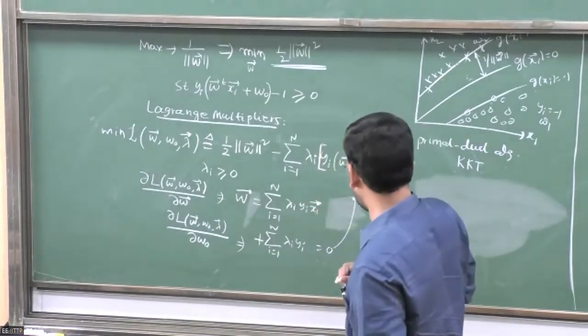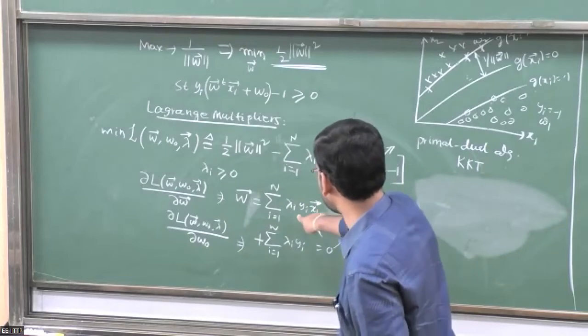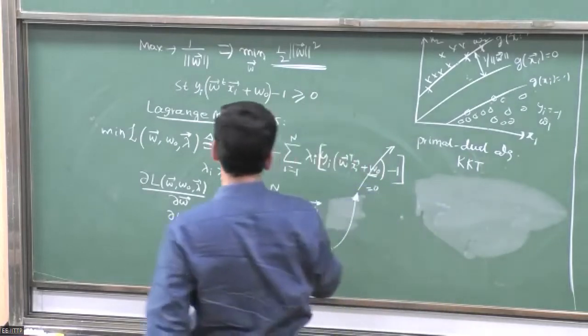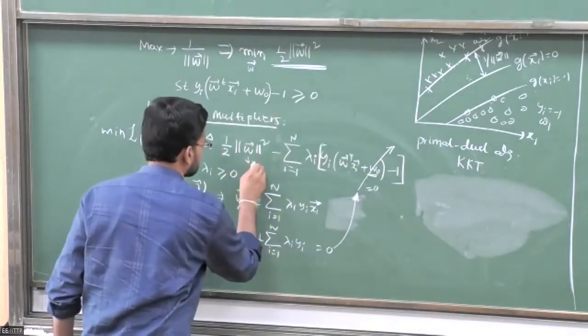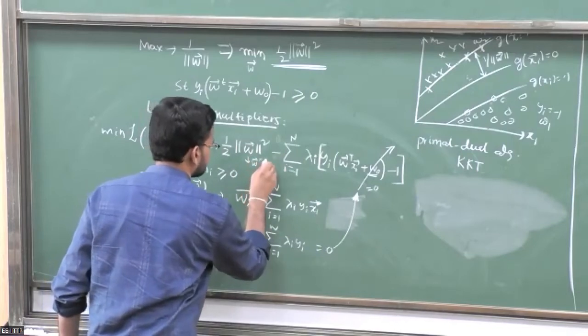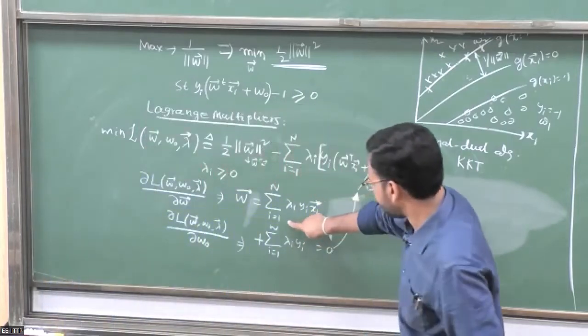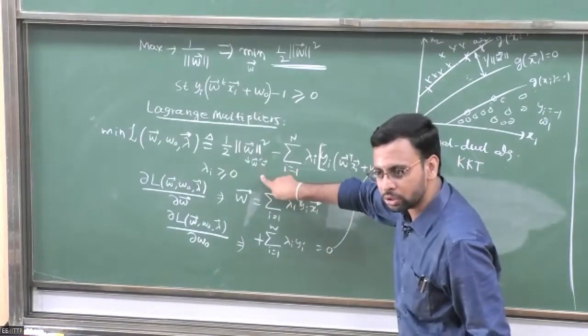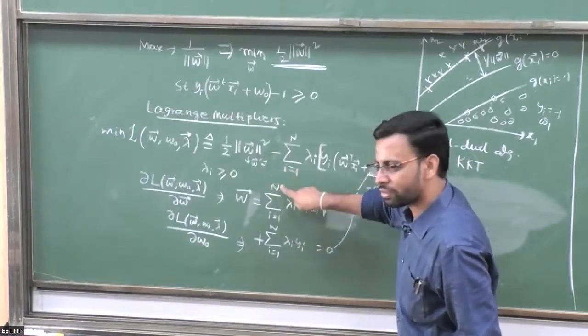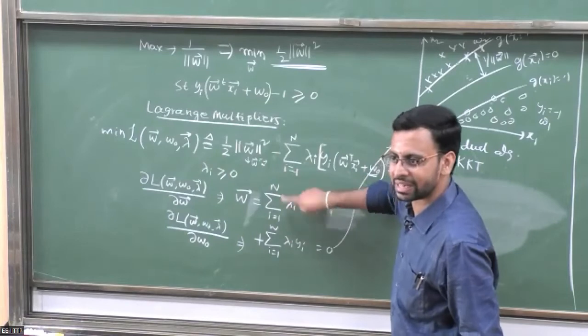Okay, and then what? You substitute. So this is nothing but w bar transpose times w bar. What do you get there? You multiply both, you get one of the summations you call i, another j.